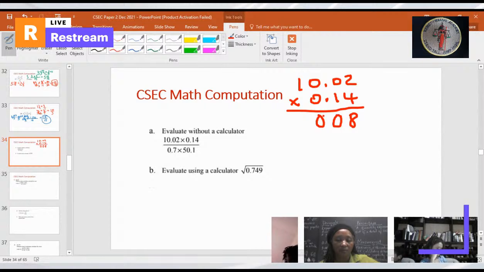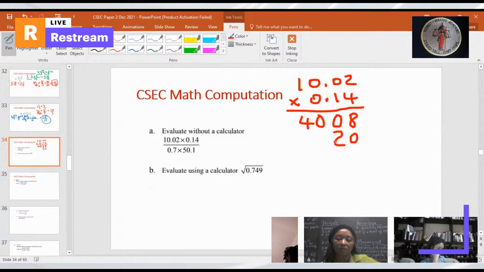And 4 times 1, which is 4. Then, Miss, to start the second part, you should put a 0 at the bottom. Now 1 times 2, which is 2.